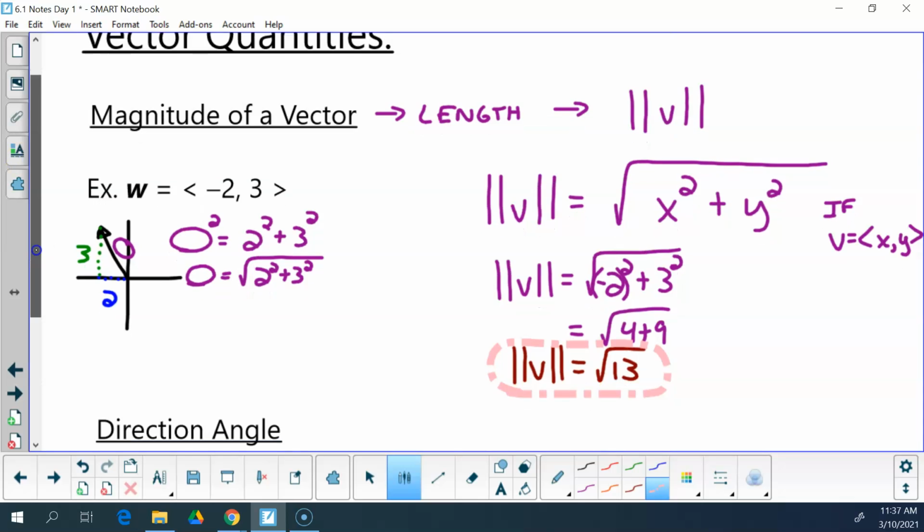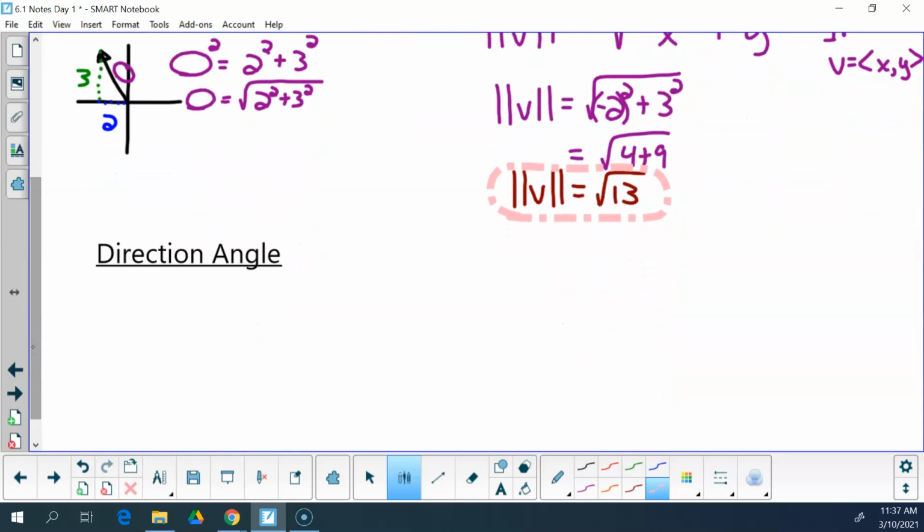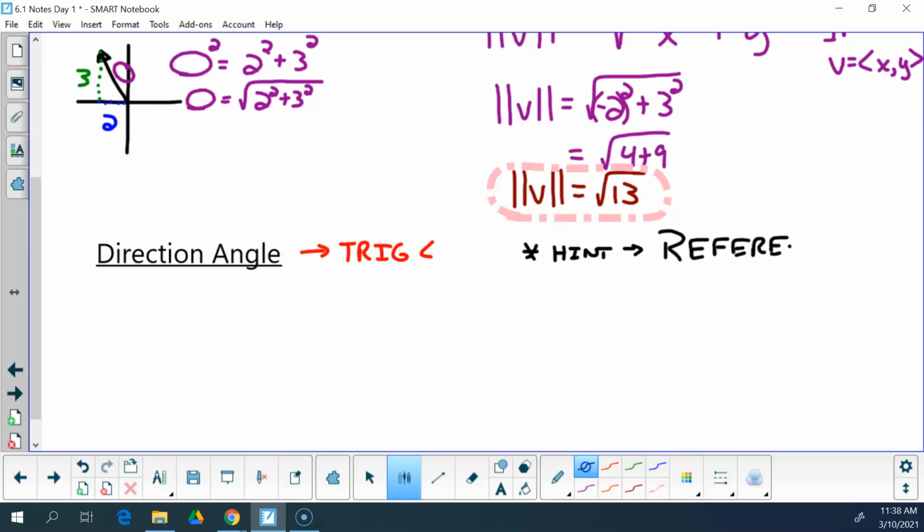Direction angle, remember, this is that trig angle. The unit circle angle, if you will, and it is going to bring back some painful memories. We're going to have to use referencing. Because if you think about it here, I'm going to expand this out a little bit just so that you can see it a little bit better.